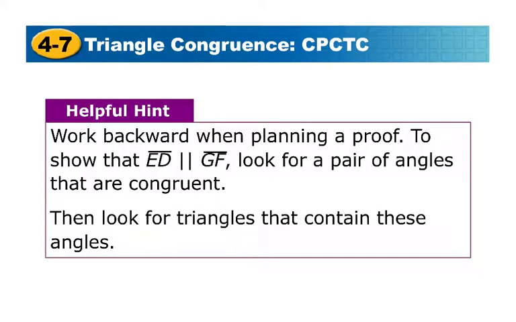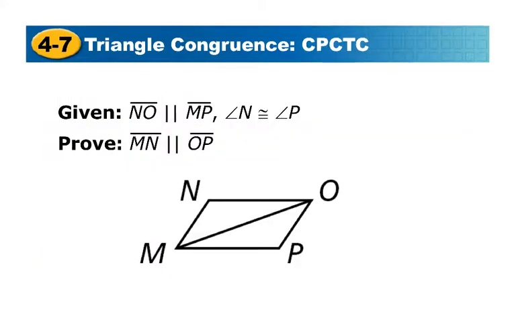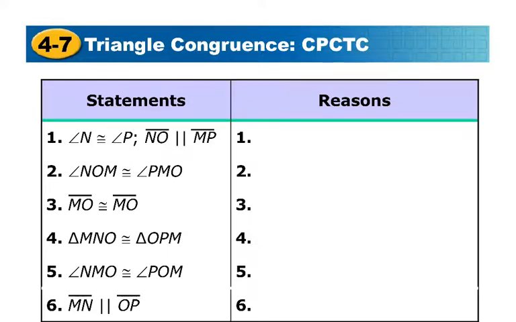For instance, to show that ED is parallel to GF, we would look for a pair of angles, because we know that in order to prove that two lines are parallel, you need some angles, so you're working back from the end. Then look for triangles that contain the angles, because then you can match the sides. So you can work forwards, you can work backwards, you can work from the middle, which of course doesn't help, but that's why the two-column proof idea is so helpful, because you can jump around.